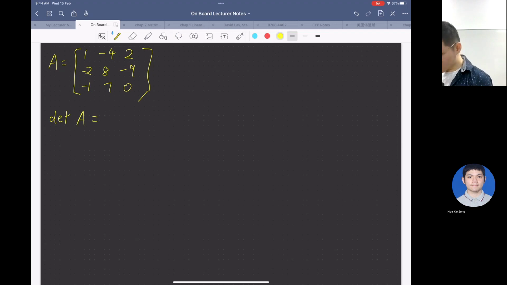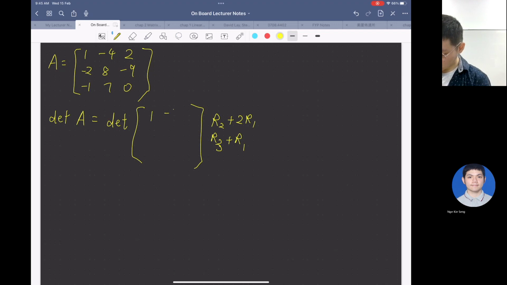First, the determinant of A is the same as the determinant of the matrix where I take row 2 plus 2 row 1, and row 3 plus row 2. What I get is 1, -4, 2, 0, 0, -5, 0, 3, 2.